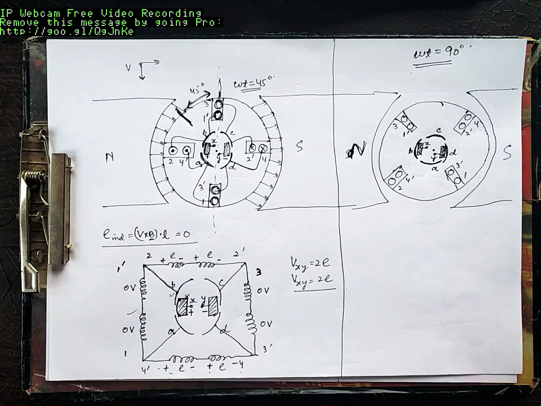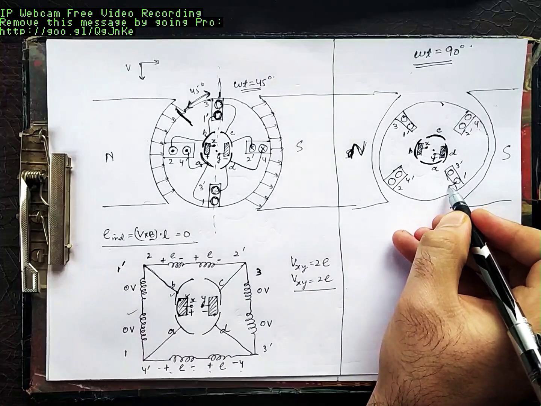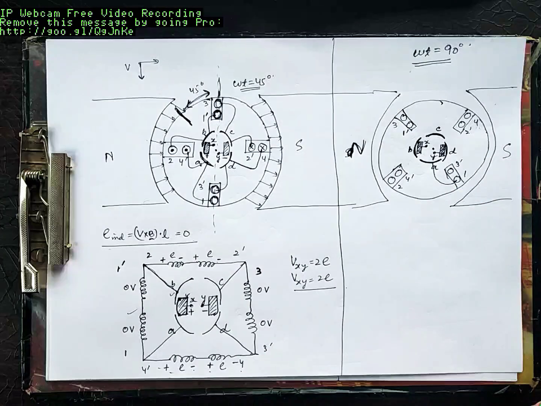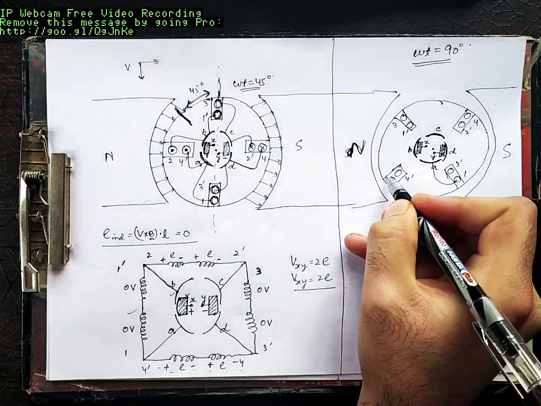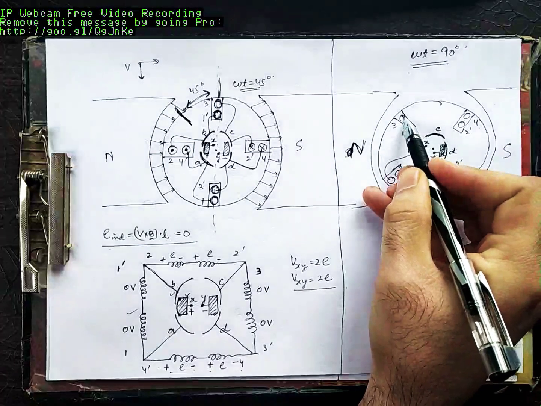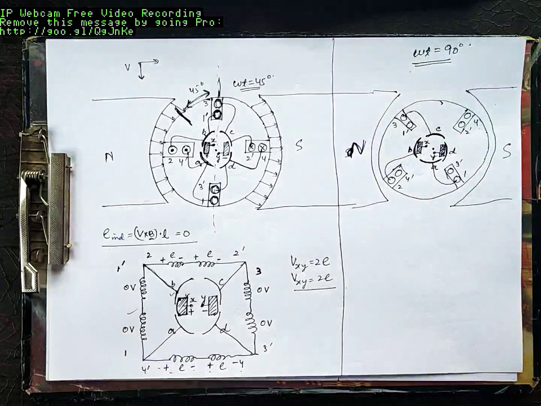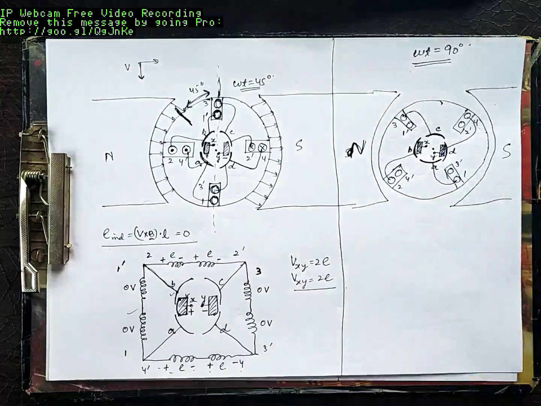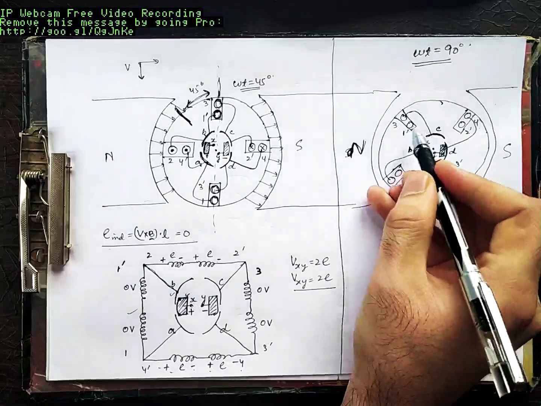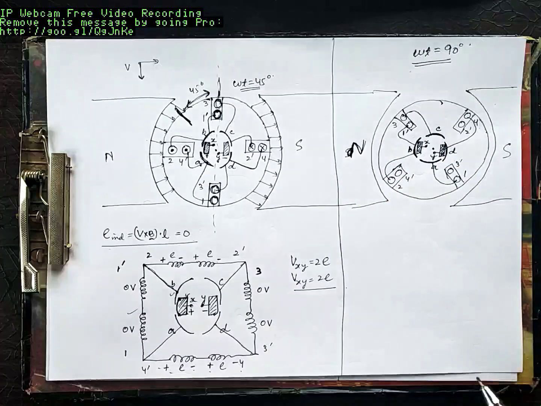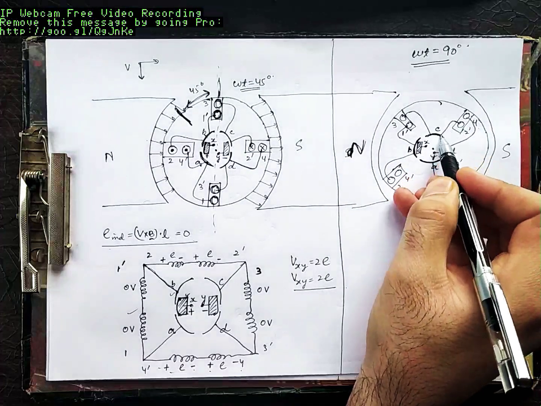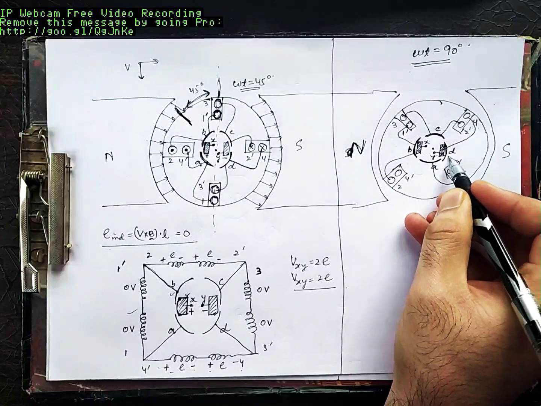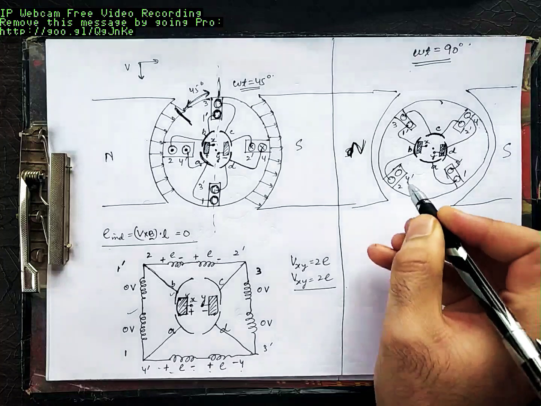Now we know 1 is connected to A. 2 is connected to B. 3 is connected to C. 4 is connected to D. 1 prime is connected to B. 2 prime is connected to C. 3 prime is connected to D. 4 prime is connected to A.